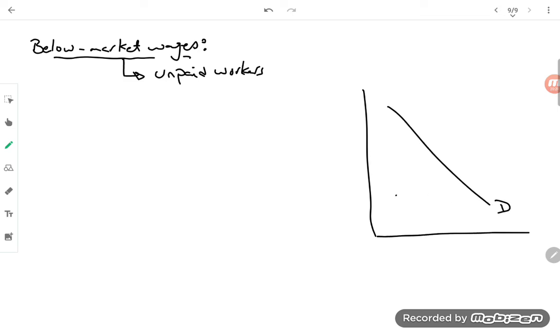This is demand and this is supply. Equilibrium point at quantity X, for example. This is the equilibrium wage rate or market clearing wage, and we are going to pay WL. So supply of labor in this case will be V, and demand for labor is Y. So there is excess demand.